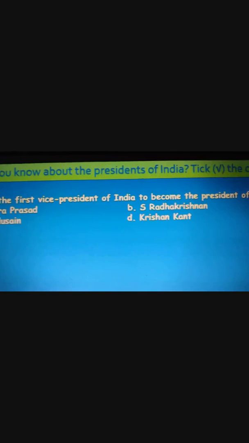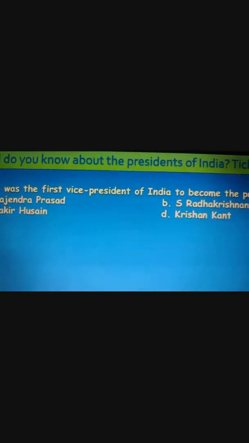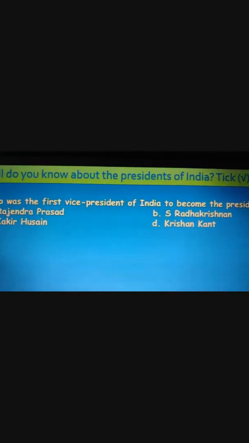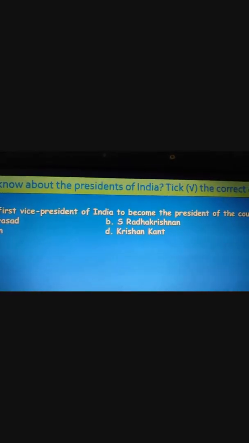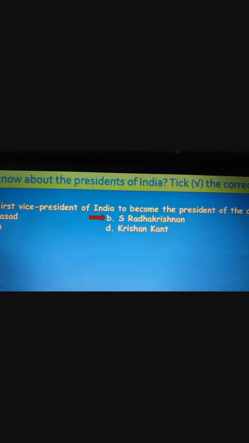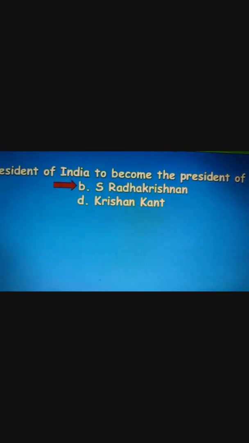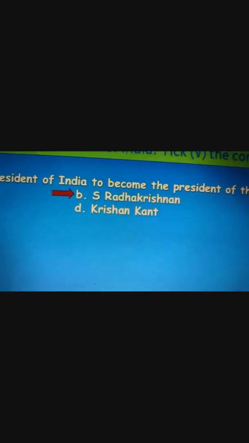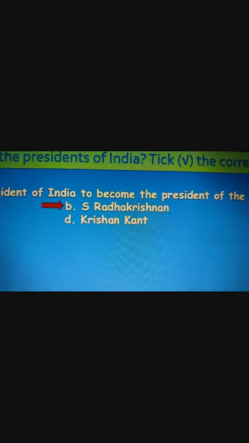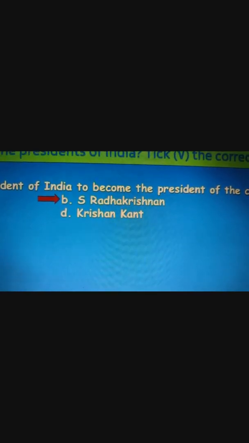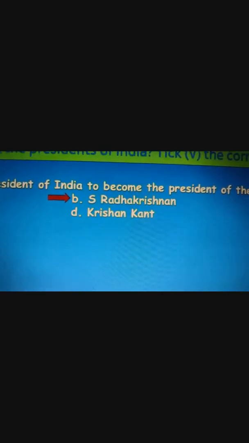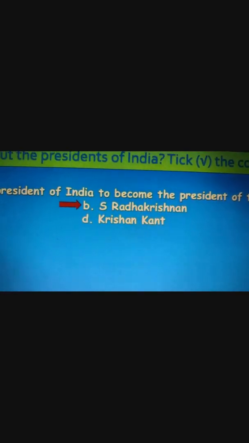First he was the vice president, then he became the president. Any guesses? Yes, he is S. Radhakrishnan. S. Radhakrishnan was the second president of India, and his tenure was from May 1962 to 1967. Okay, for only 5 years he was in the tenure of the president.